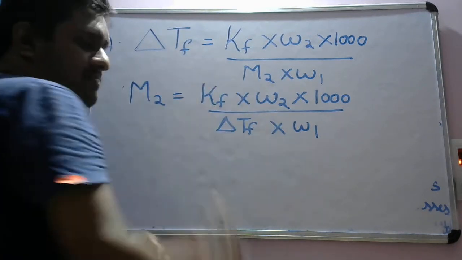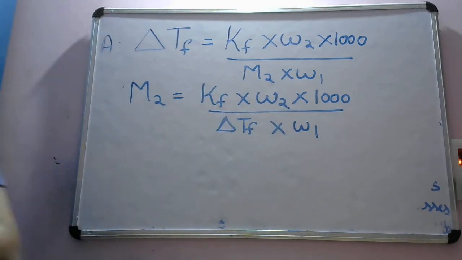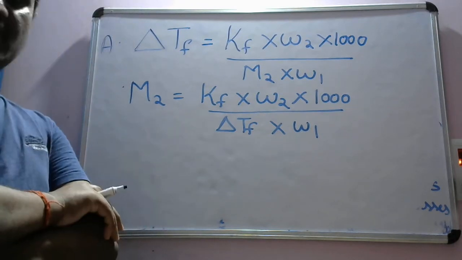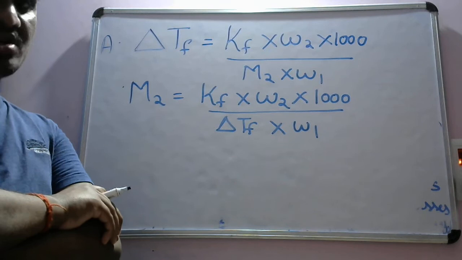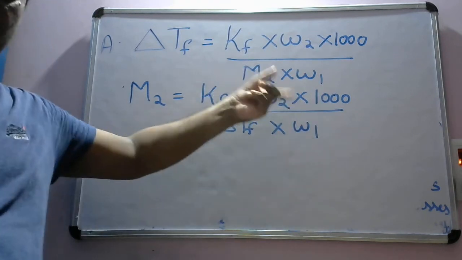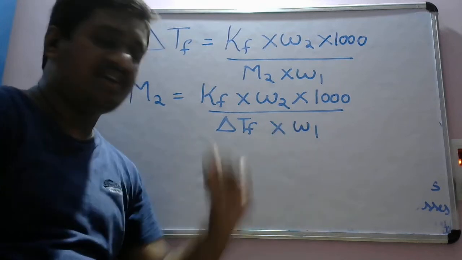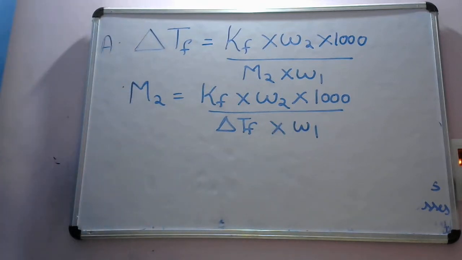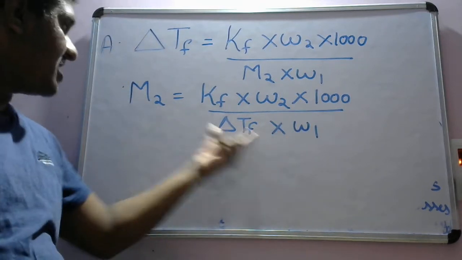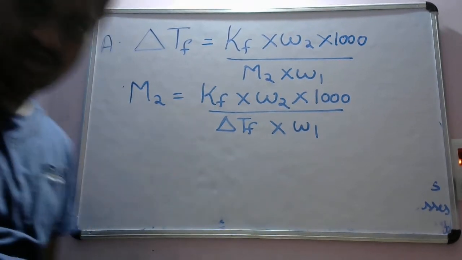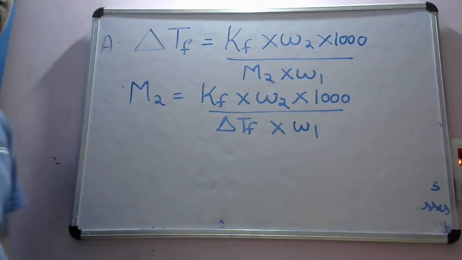Kf, the molar depression constant, is the same for both because benzene is the solvent in both cases. Mass of solute W2 is the same, 1 gram, and mass of solvent W1 is again the same, 20 grams. The only differences are delta Tf and the molar mass of the solute. Now let us apply.